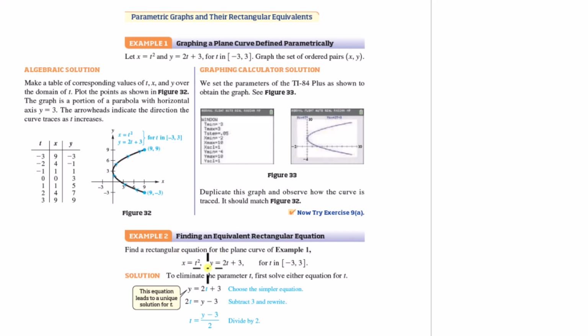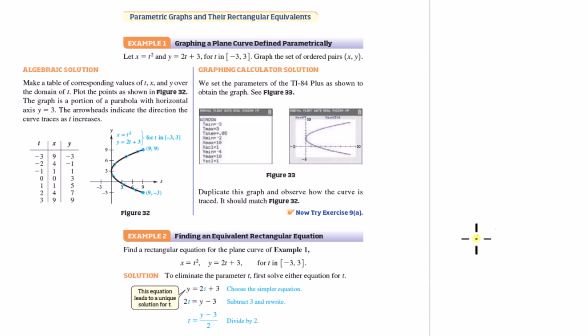Okay, but now what they talk about here is, for the same set of parametric equations, can we analytically figure out what the curve is? Instead of just plotting points and connecting the dots, can we eliminate the t and just get this curve as a function of, like, y as a function of x? Well, yeah, you can do that because all we need to do is solve for t, and then substitute.